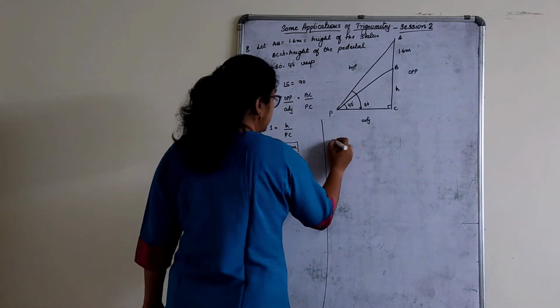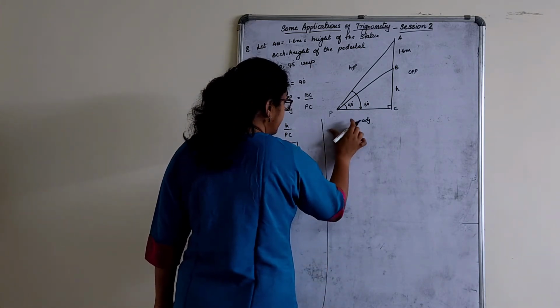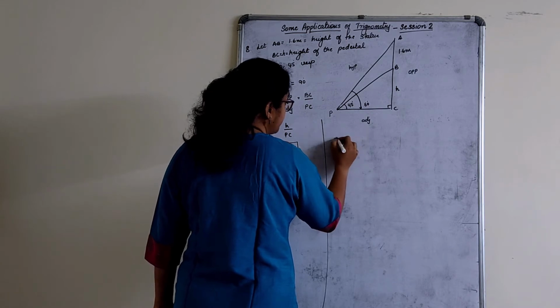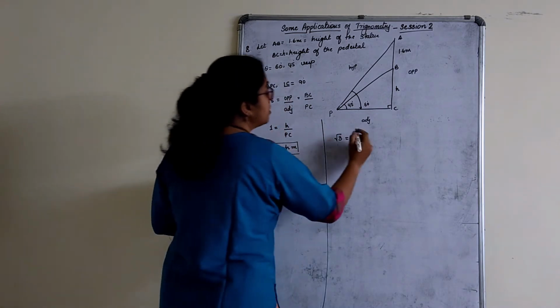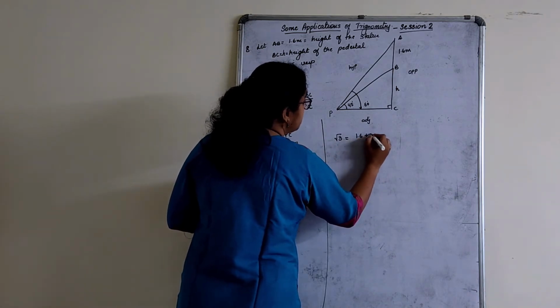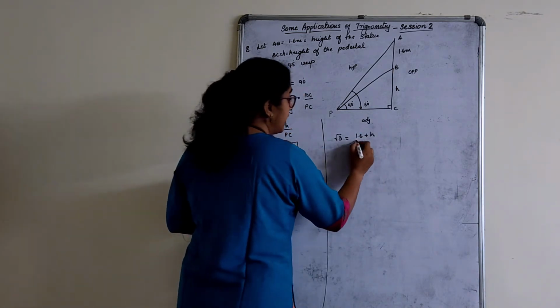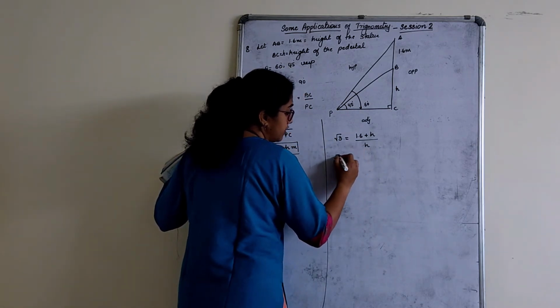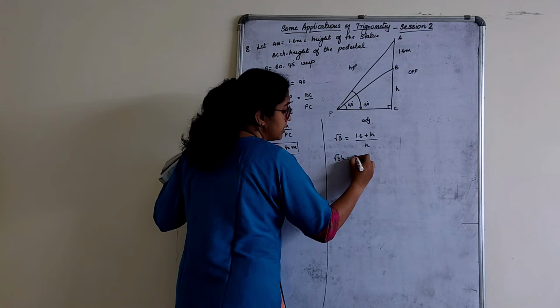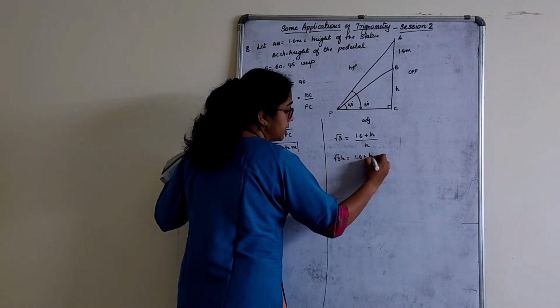Tan 60 is root 3. That is equal to opposite, which is 1.6 plus H, and PC is also H. Cross multiply. Root 3 H is equal to 1.6 plus H.